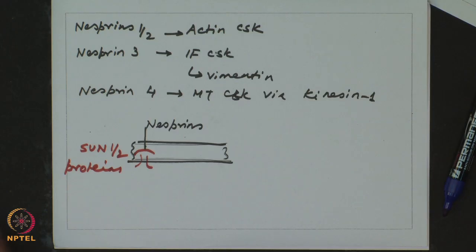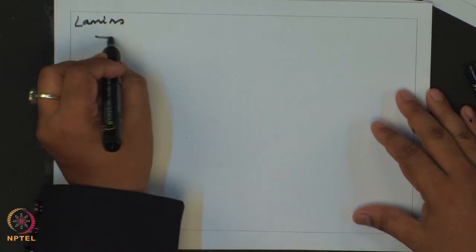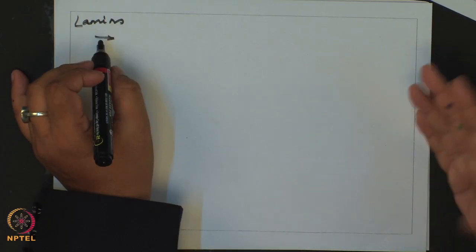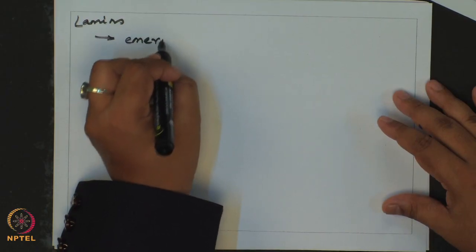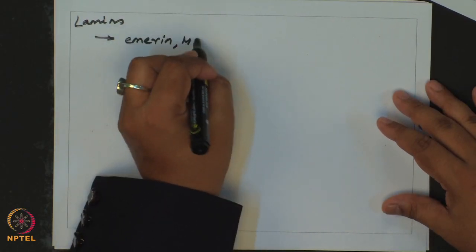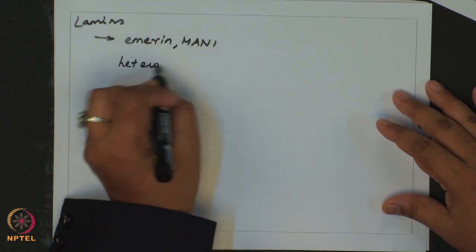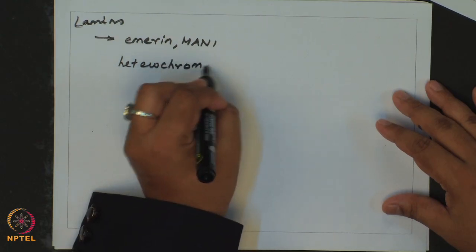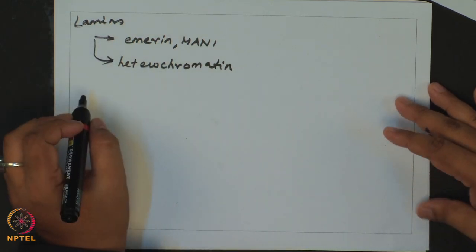So, lamins bind to large other nuclear membrane proteins, and that is where you have other proteins like emerin or MAN1 as well as heterochromatin. So, lamins are known to bind to all of these.